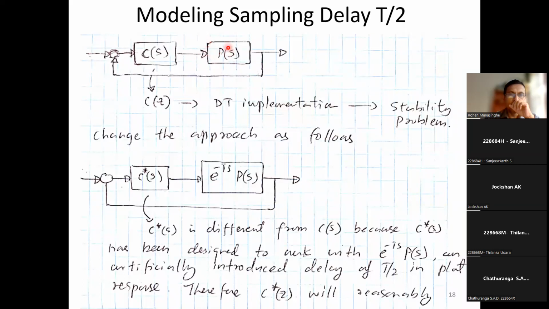And now we don't need to use P(s). We can use the equivalent model of the plant. Then that'll give you a better result. But the problem is then the C(s) is not matching with that plant, because C(s) has been designed based on P(s).